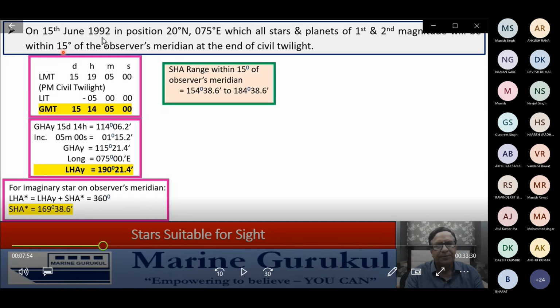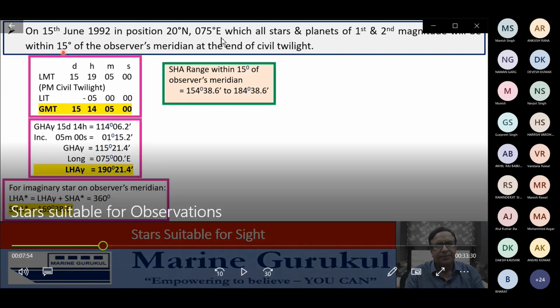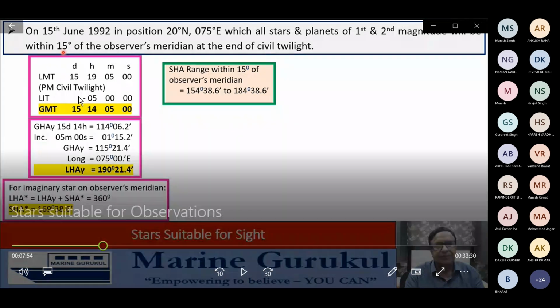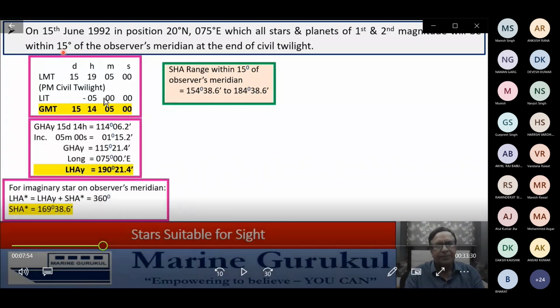Yes sir. Now you look at the twilight time, beta. It is given on the right hand side of the page. We are looking at PM civil twilight. Do you see the column of civil twilight in the PM, after sunset? Now, in that column, to pick up the time, you require the latitude also.